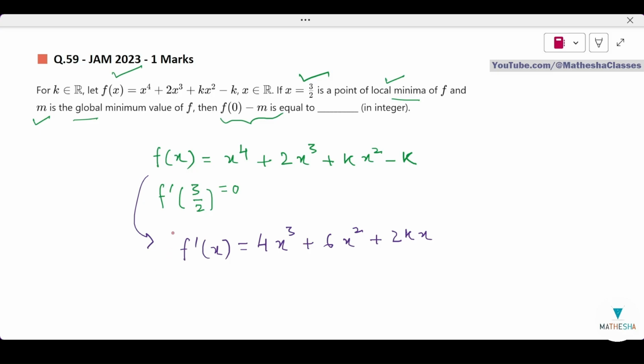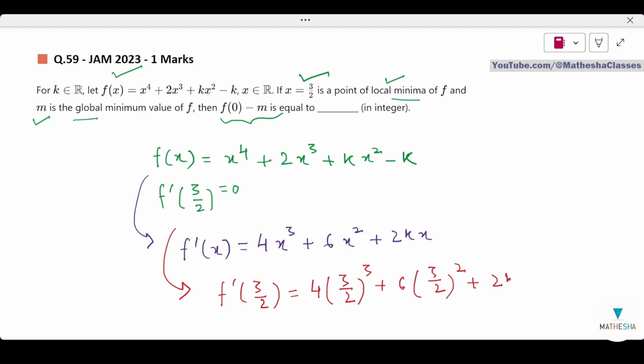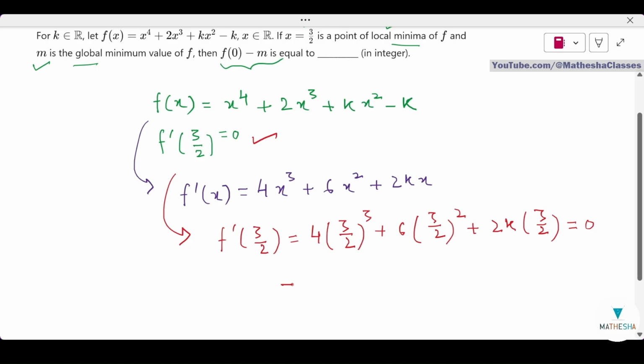If you put the value of 3 by 2, what are you supposed to get? So f dash 3 by 2 is equal to 4 times (3 by 2) cube plus 6 times (3 by 2) square plus 2k into 3 by 2, and it is given that this is 0 since 3 by 2 is a point of local minimum. So let us calculate this.